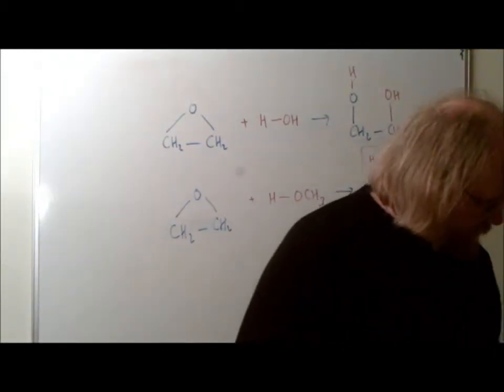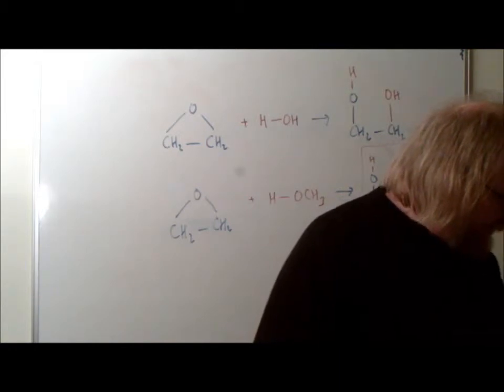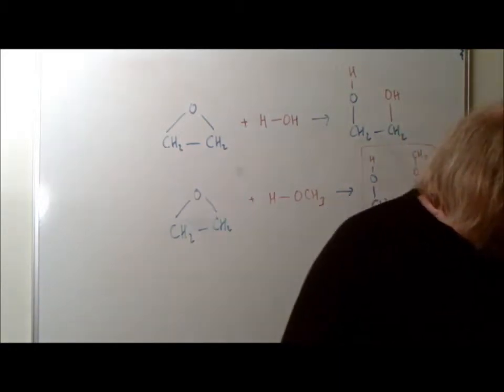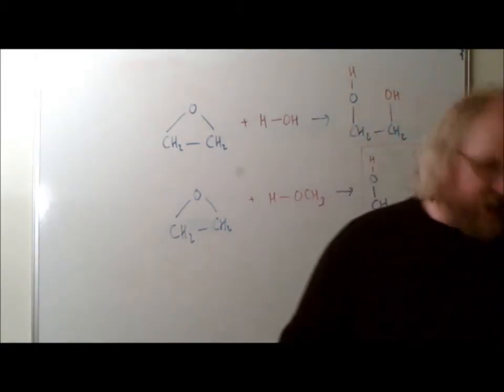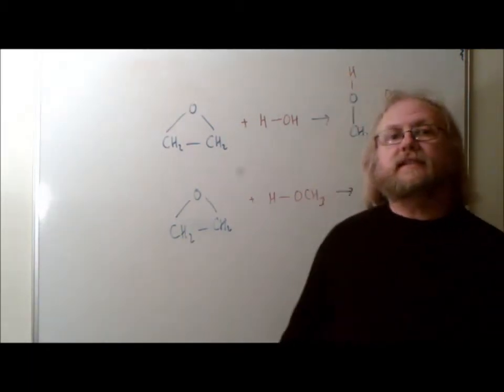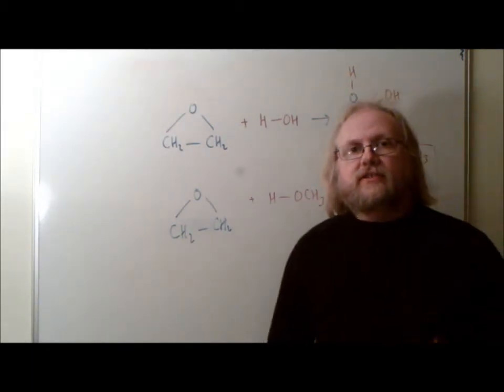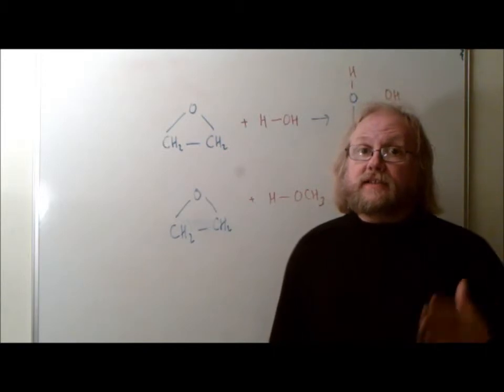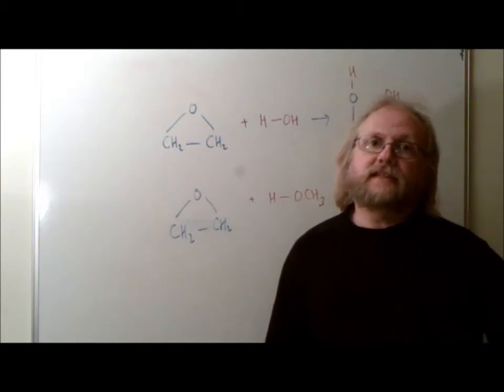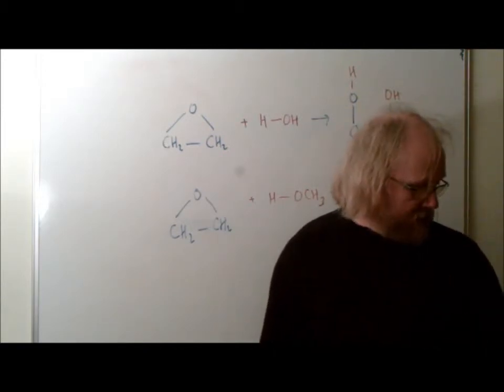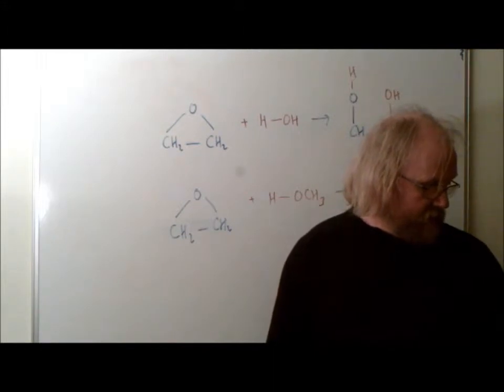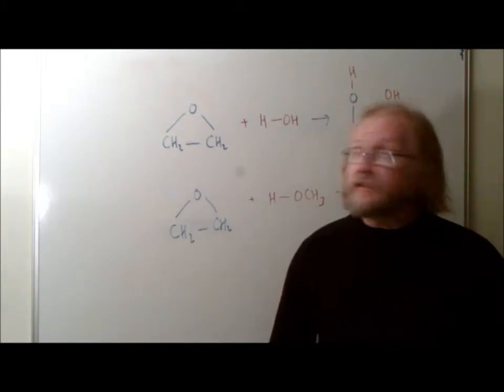Right, question C. Why is ethane-1,2-diol much less volatile than ethanol? Remember, volatility has got nothing to do with reactivity. Volatility simply means how easy is it to vaporize. So what it's saying is, why is it harder to vaporize ethane-1,2-diol?